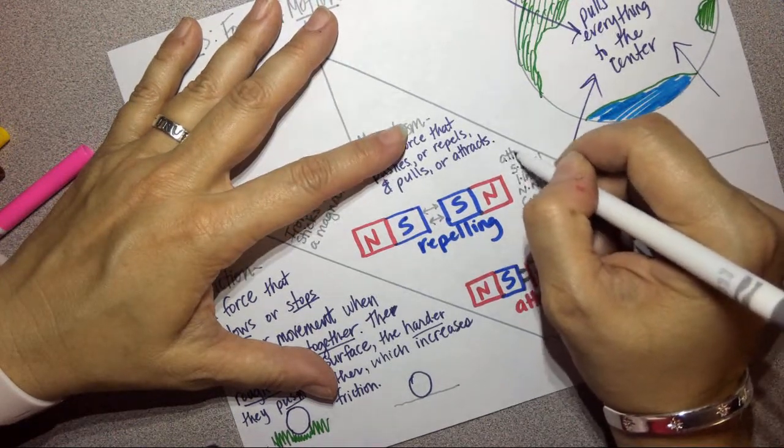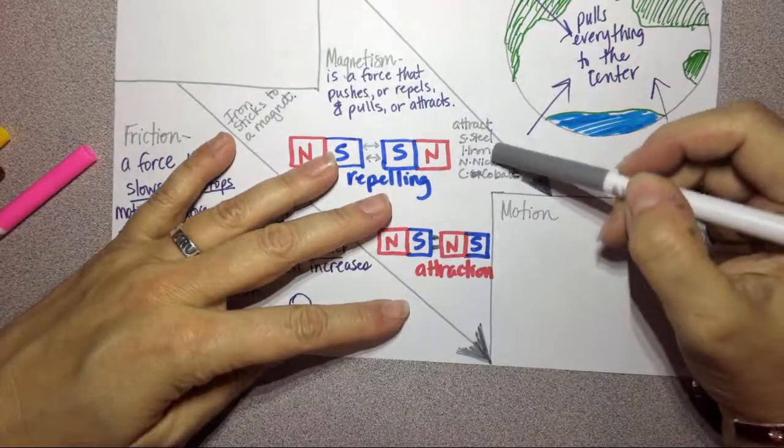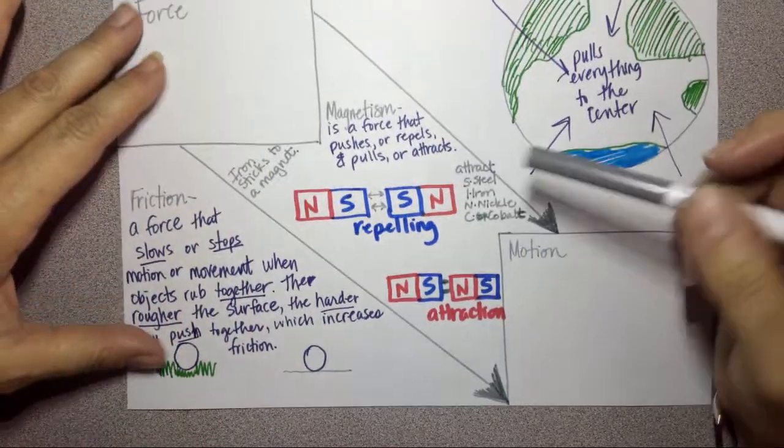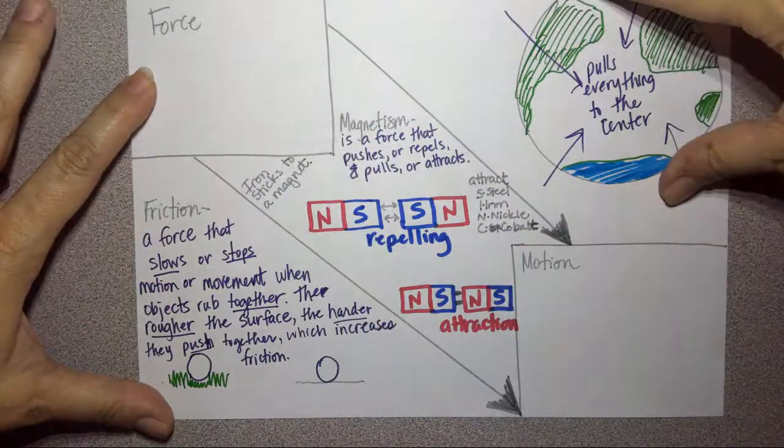These attract. Okay? So, y'all have only seen the steel and the iron because we don't have a lot of nickel and cobalt to use. So, these are the three forces.